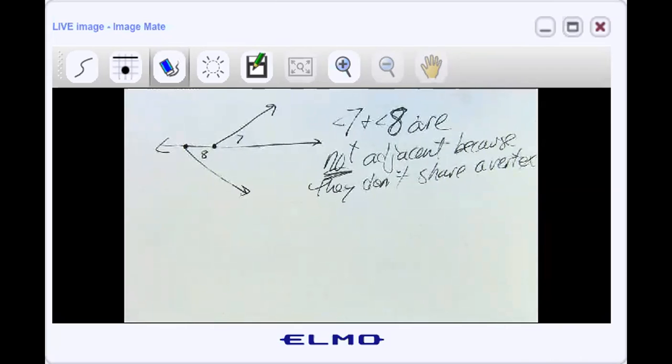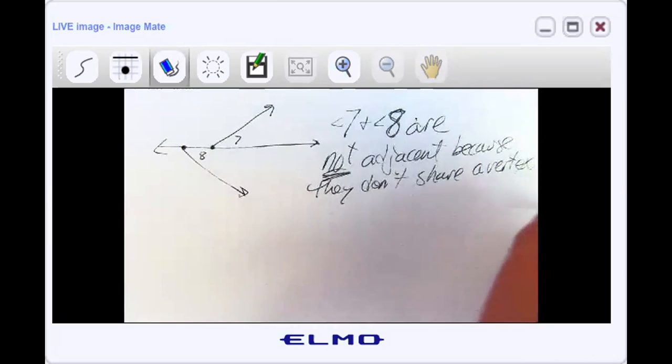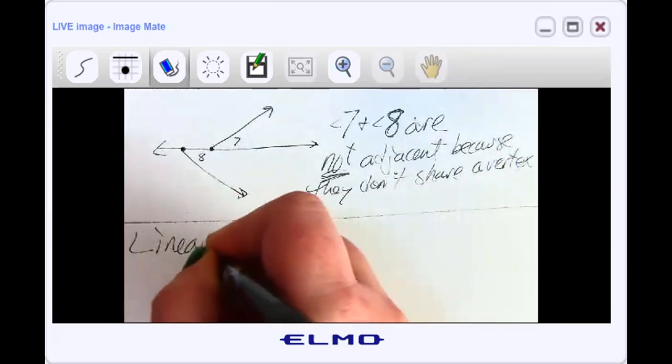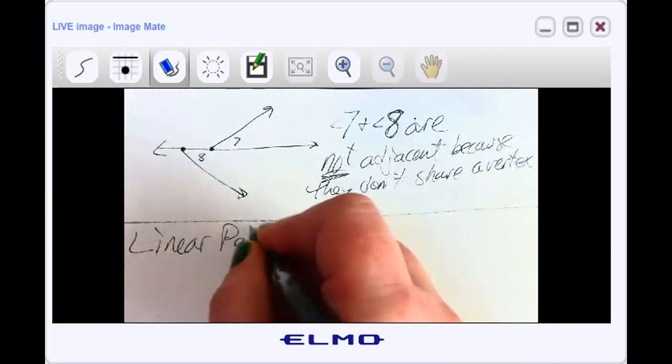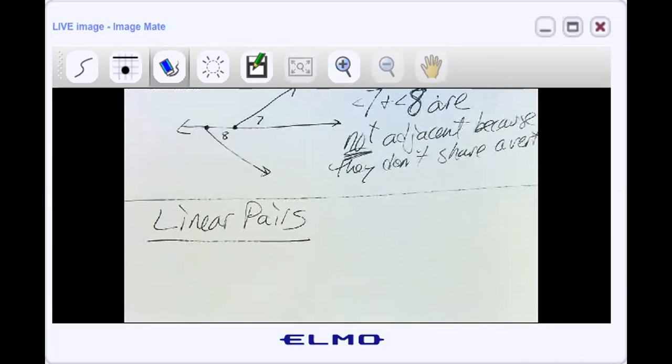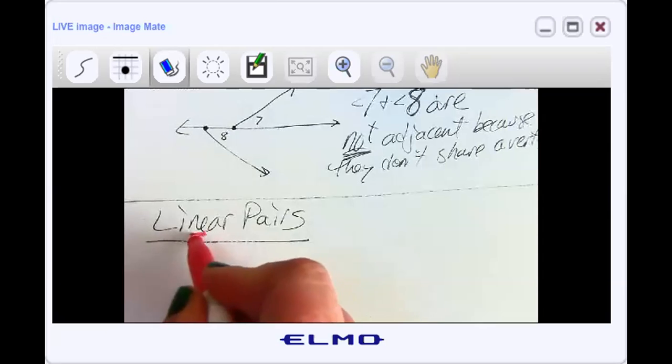All right, so the next portion of what we need to talk about are linear pairs. And luckily, linear pairs sort of tell you right in the name what you're looking for. Whenever you see that word linear, hopefully your brain is immediately picking up on line.